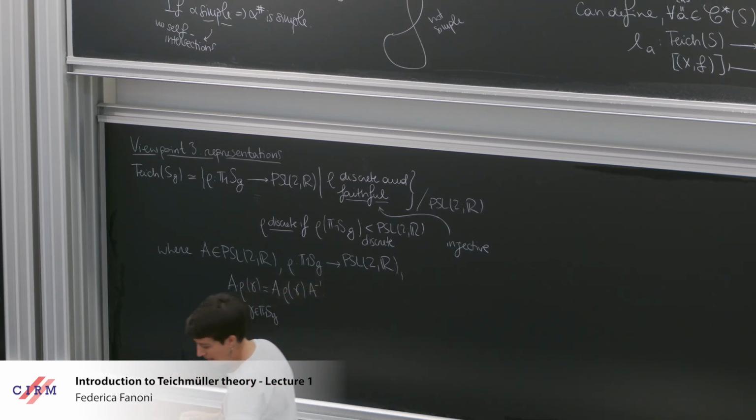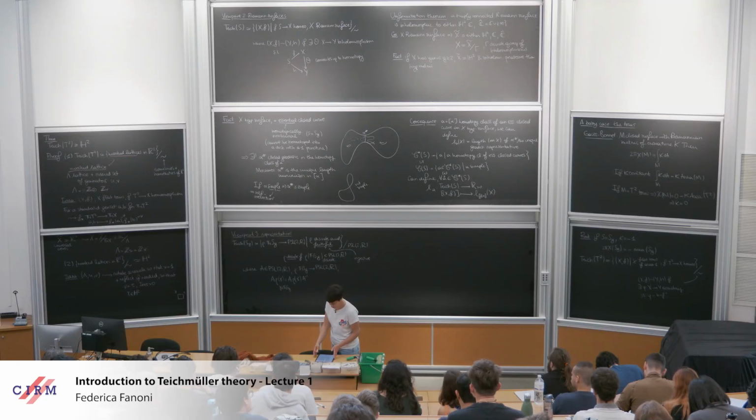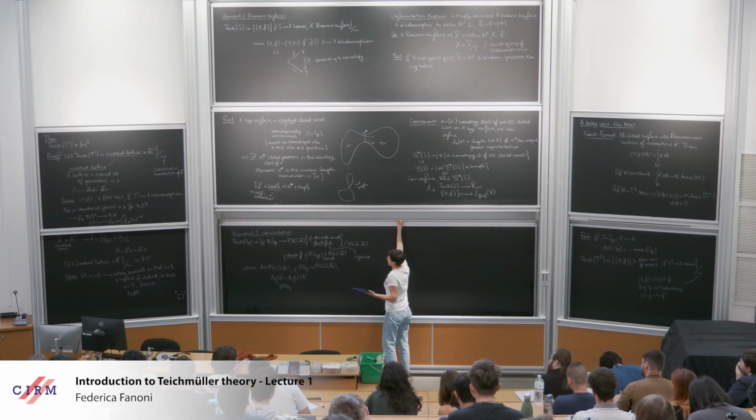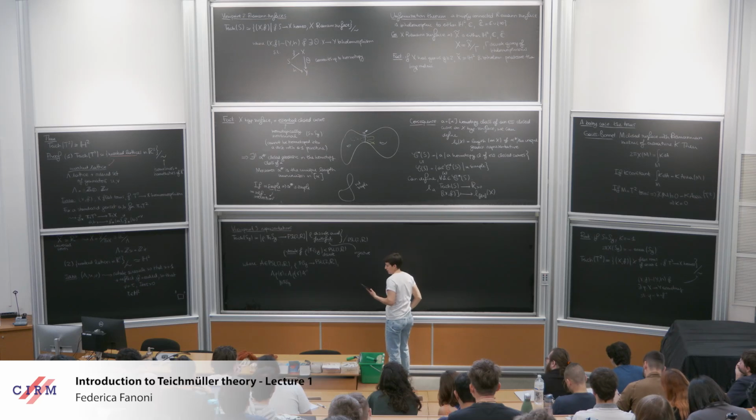Okay, and again, I want to give you an idea of why this is the same as hyperbolic metrics, so marked hyperbolic structures or marked Riemann structures. I'll give you a quick idea, and one exercise is to fill in the details.